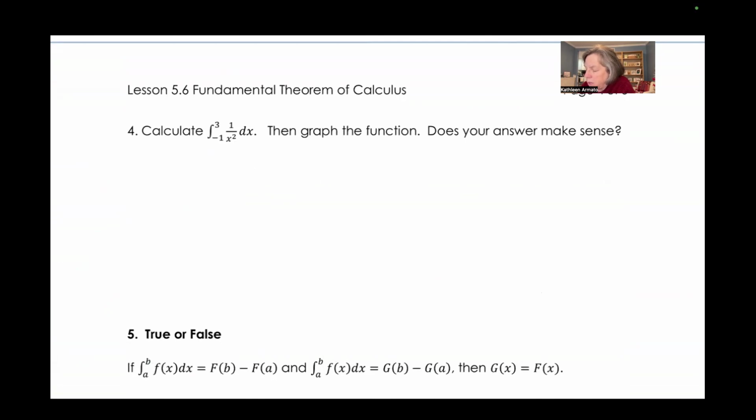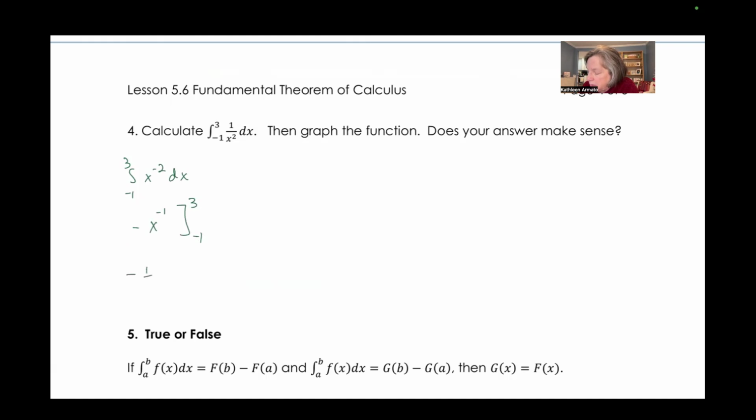Let's calculate this one. So this would be x to the -2 dx. X to the -2, add 1 to the exponent. So that makes it x to the -1. Multiply by the reciprocal of -1.